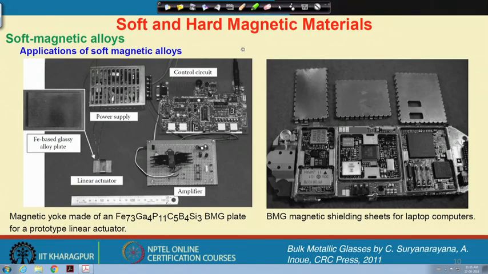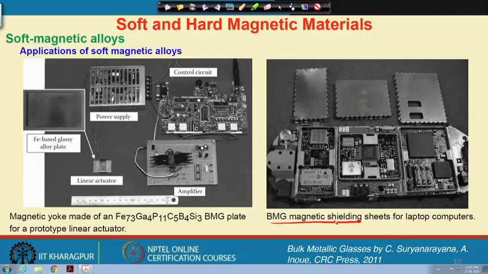And another interesting one is the amorphous magnet, since the flux we can produce or the permeability can be very high. So, we can use this as magnetic shielding. So, let us say I have developed a laptop or computer, and that should be magnetically shielded from the outside magnetic flux, so that the magnetically stored information data should not be lost.